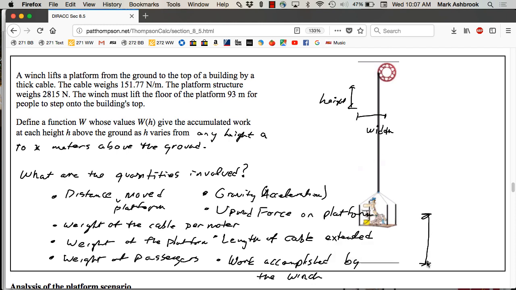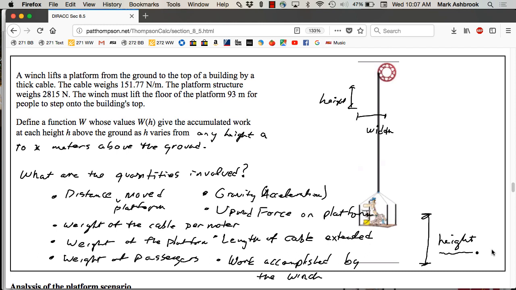So we're talking about the height at the bottom of the cable. Is that going to be our independent variable? Is that going to be a changing or a constant quantity? Yeah, that's going to be changing. That's right, because variables vary.